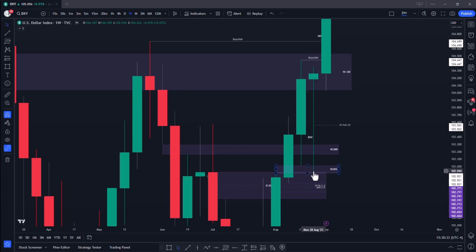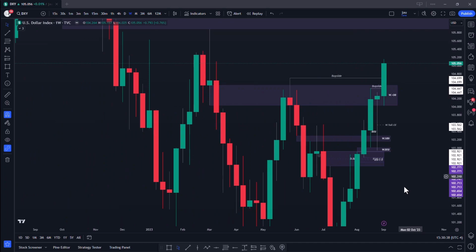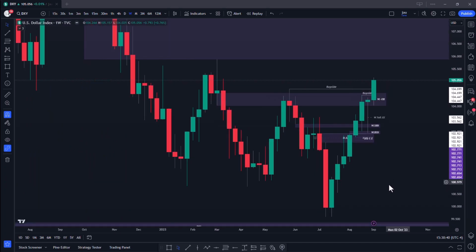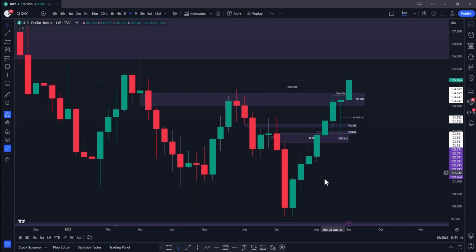Once we've taken out this low and closed below it, my bullish sentiment might change, at least for the short term, because I might be looking at this imbalance sitting here, and we might be looking for this balanced price range, because it's not just a BC, it's also a CB on the left of it, so it's a BPR, a balanced price range.